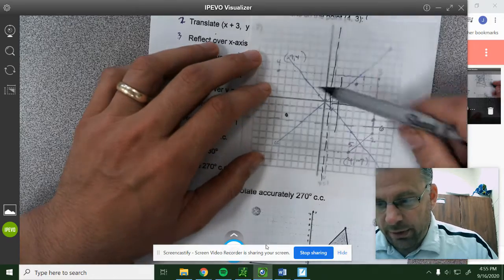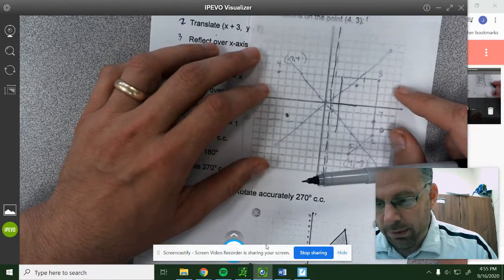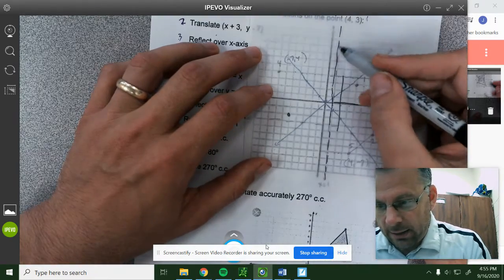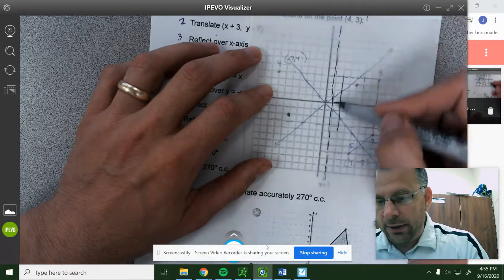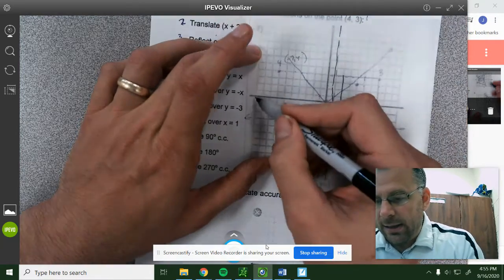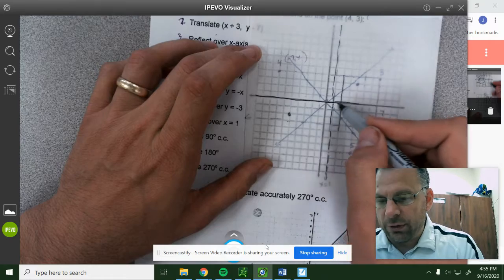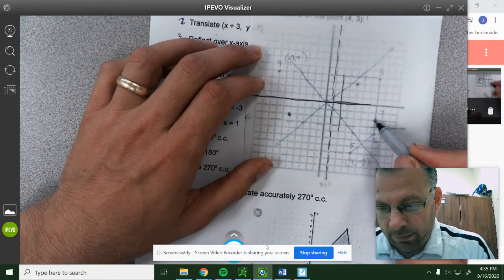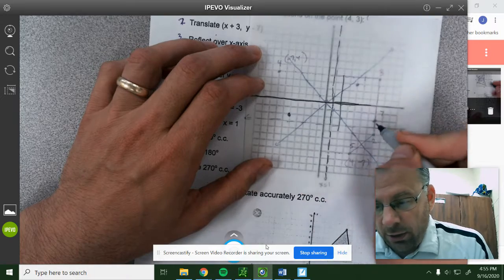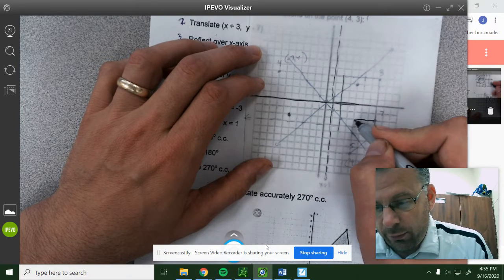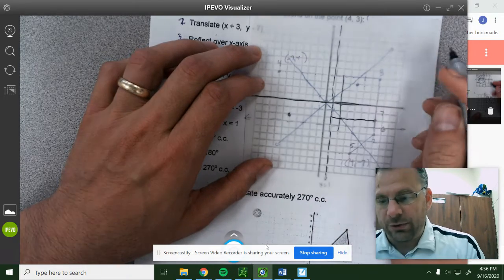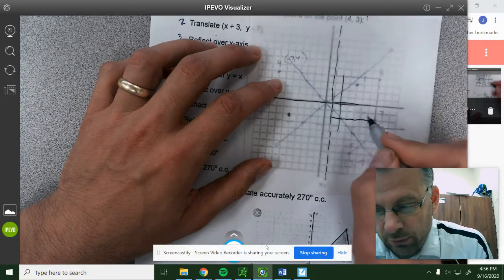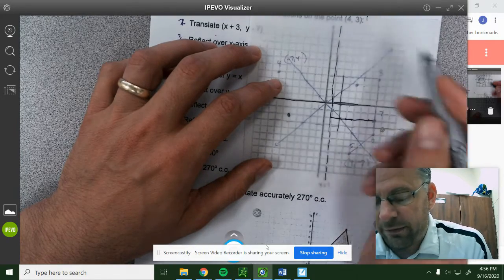And I just want to make sure that my height is lined up. My axis won't be perfect, but my x equals 1 line should be the same, and my x-axis should be the same, so it's the right height. And here we go. We're going to end up with my point way over here. And look, it was 1, 2, 3, 4, 5, 6 steps away from my line.